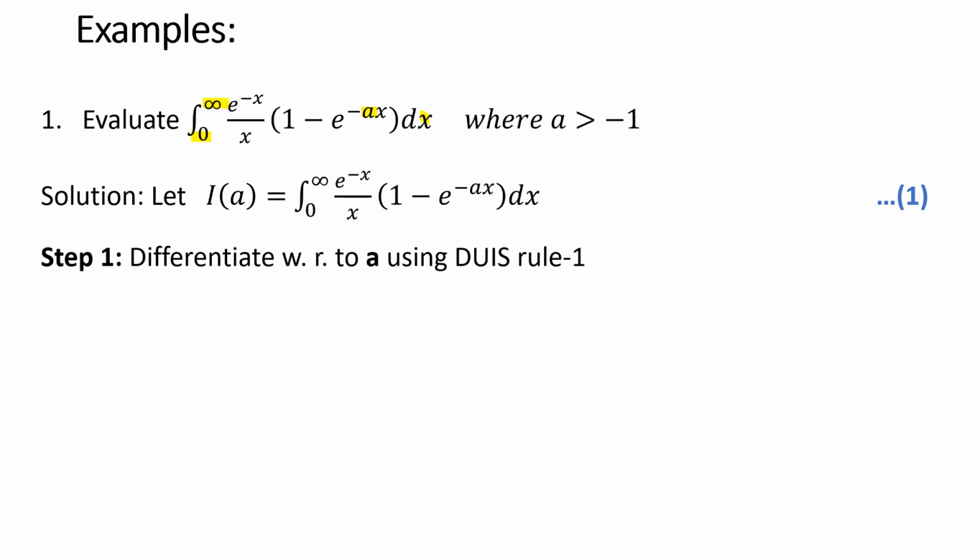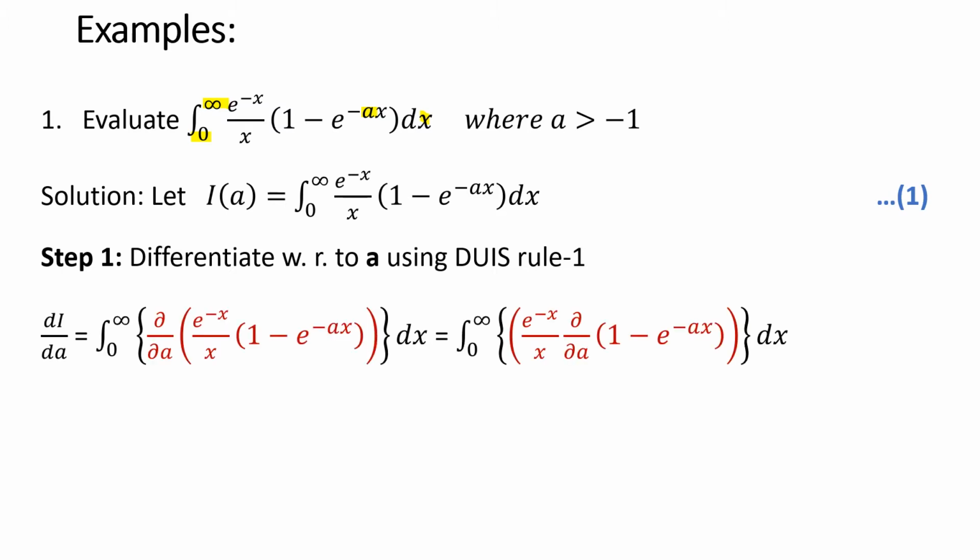So just differentiate with respect to a, then what we will get, what is the DUIS rule 1, dI by da. So this d by da will go inside the integral sign and convert as a partial derivative, that is del by del a. So del by del a of the whole function, so just write down the function in the bracket, del by del a, and then here it is a curly bracket, and whole dx.